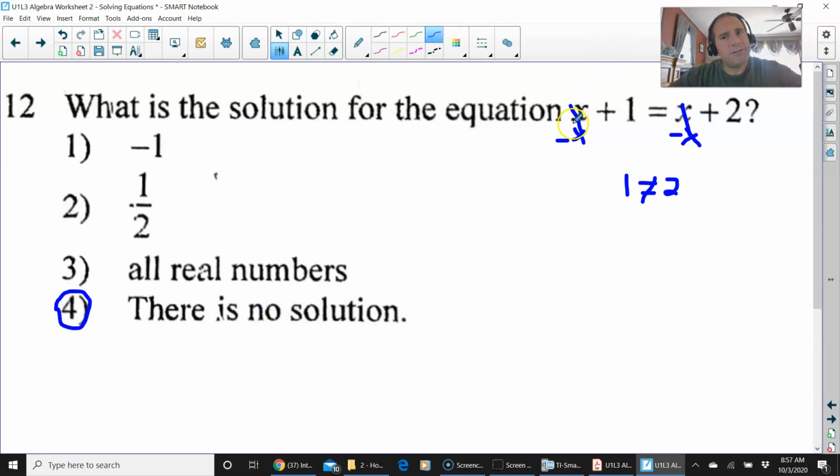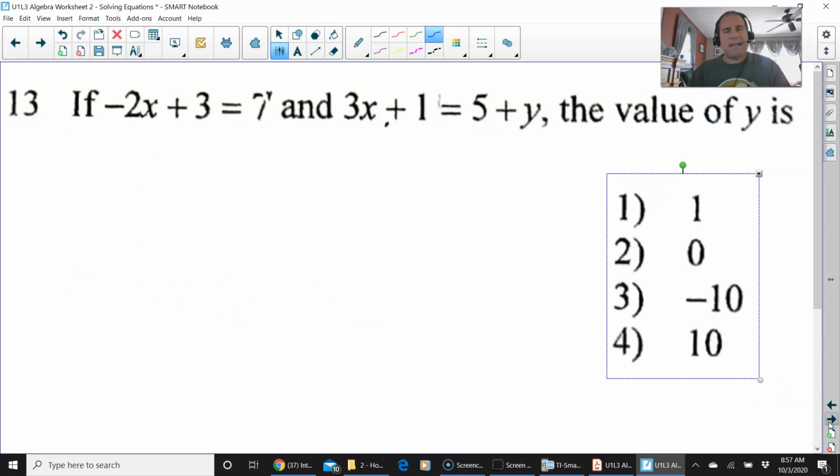Now, it makes sense, because look, if you have x plus 1, right, just say any number for x, and then that same number plus 2, it can't be equal to each other. There is no number that you could put in for x and then substitute into both sides to make that equal. So it's never going to have a solution. It's impossible. You can't add 1 to one number and then take that same number, add 2 to it, and say they're ever going to be equal.